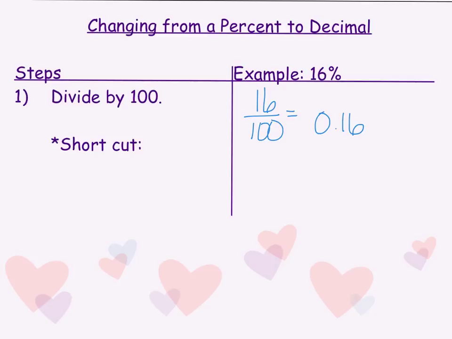So some of you guys may remember, as soon as we wrote down that example, you're like, oh yeah, I remember there's a shortcut for it. The shortcut that you can use is you can move the decimal point 2 places to the left.